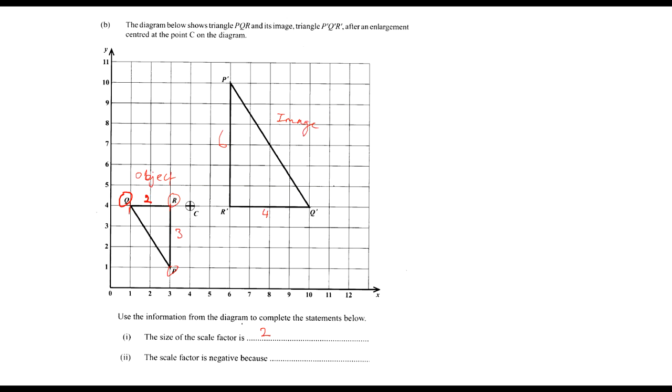So the image and the object are on opposite sides of the center of enlargement, which is C. So the scale factor is really negative. So scale factor is -2 really. The scale factor is negative because the image and the object are on opposite sides of the center of enlargement, which is C. Okay.